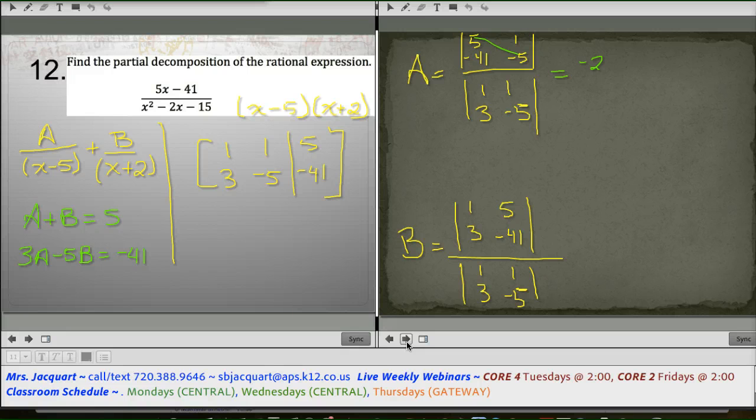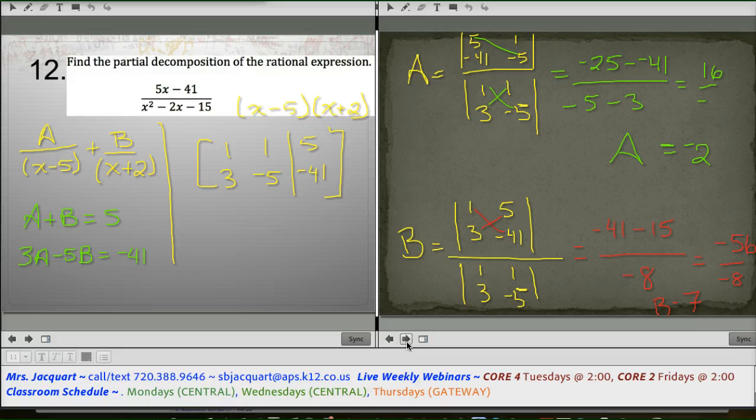Negative 25 minus negative 41, all over negative 5 minus 3. So this equals 16 divided by negative 8, which is negative 2. So A equals negative 2. And let's switch colors. This is negative 41 minus 15 all over negative 8, which is negative 56 over negative 8, is 7.